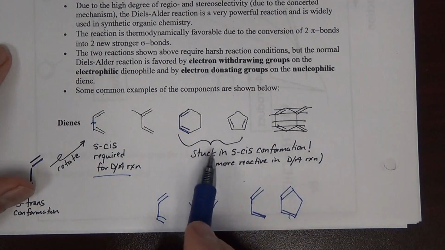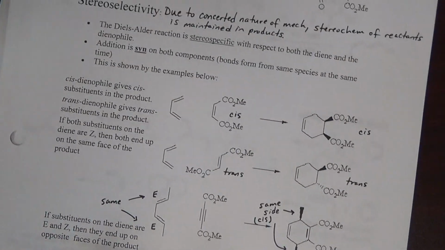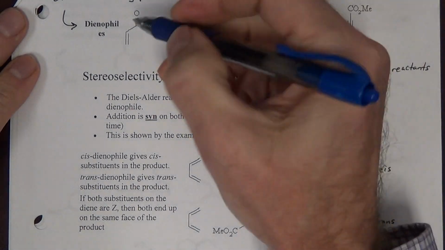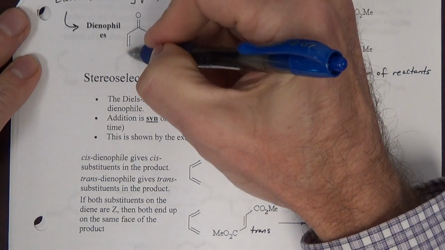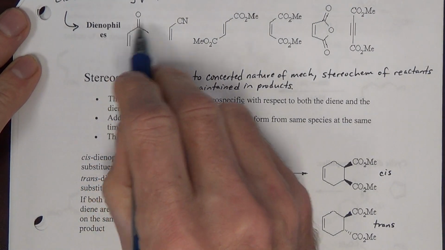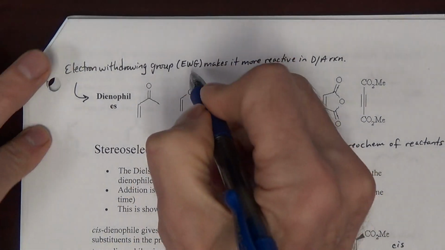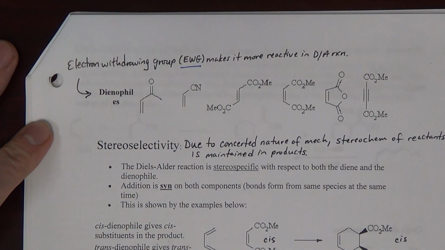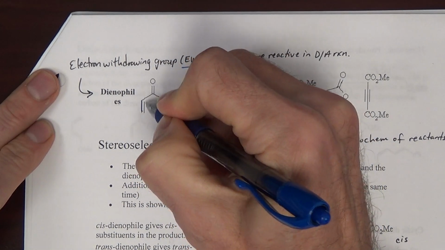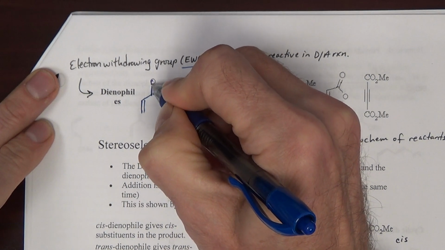Okay, so now let's look at the dienophile, which typically is just the alkene. But most of the time your dienophile is going to have a substituent on it, and it's usually going to be an electron withdrawing group. So here's your alkene, but it has bonded to it, in this case, a ketone.